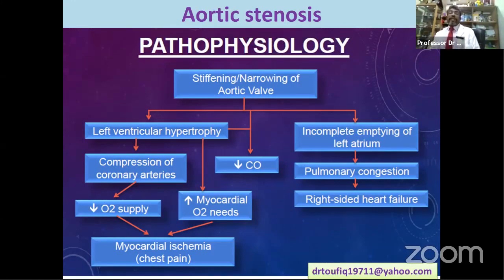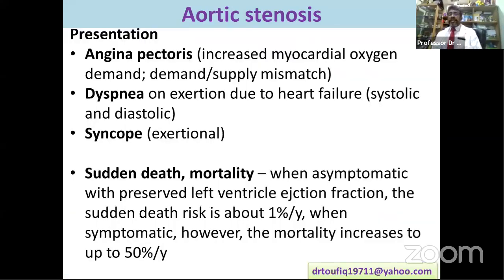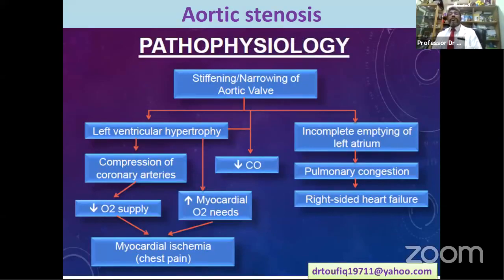What are the complications a patient may have with aortic stenosis? If a patient has aortic stenosis and the severity increases, then the patient's symptoms and presentation may be severe, and the patient eventually may have left ventricular hypertrophy, left ventricular failure, or may develop infective endocarditis also.